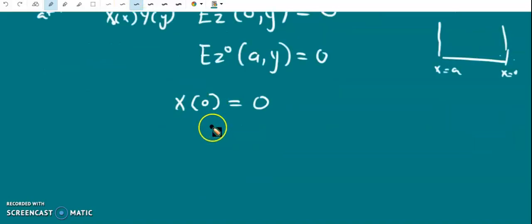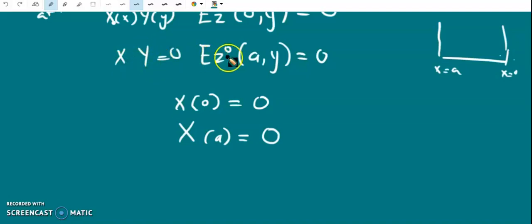Similarly, from this expression we can see that X(a) is also 0, because at this point also X into Y equal to 0, Y is a constant, and therefore X(a) equal to 0.